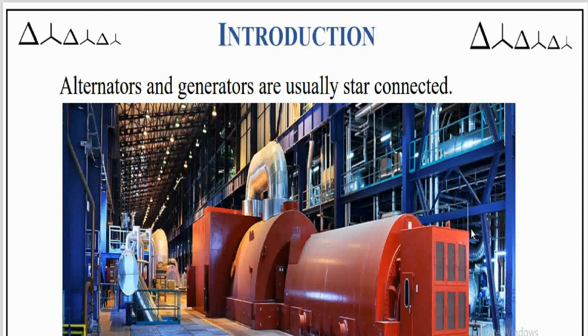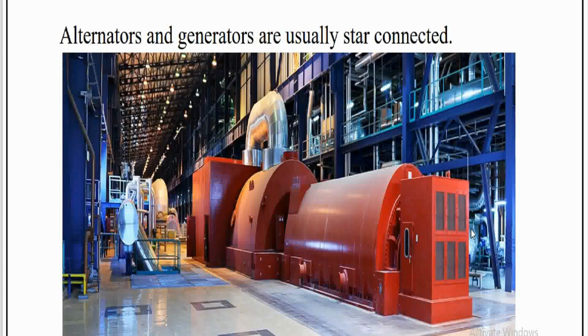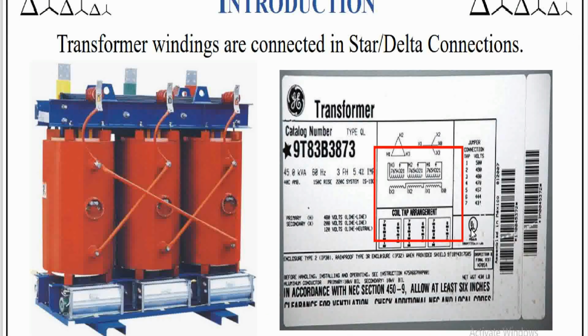In alternators the stator is constant and the field system is rotating, and for generator the armature is moving and the field system is constant.